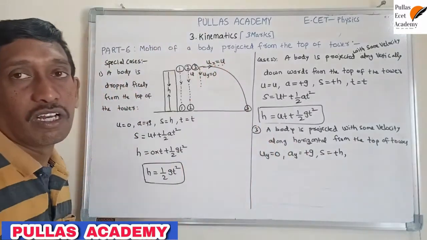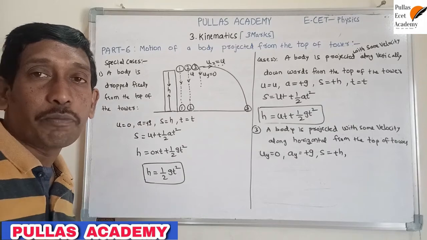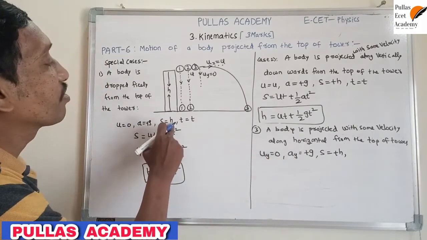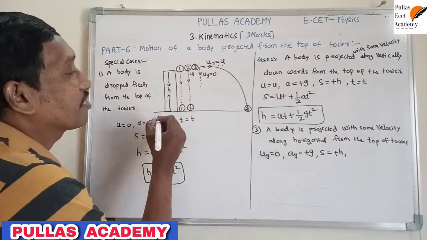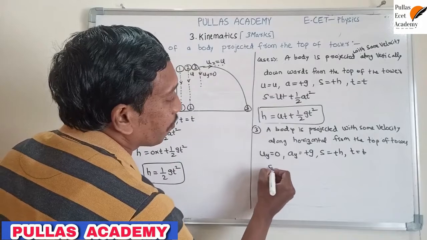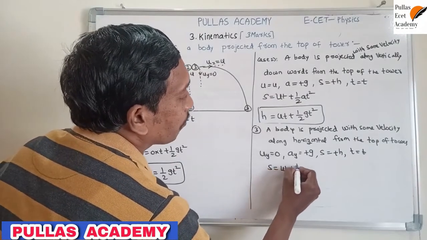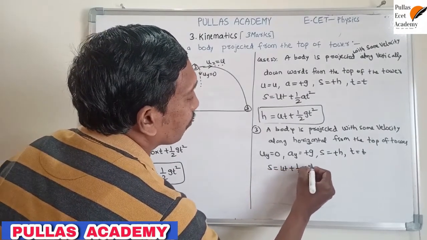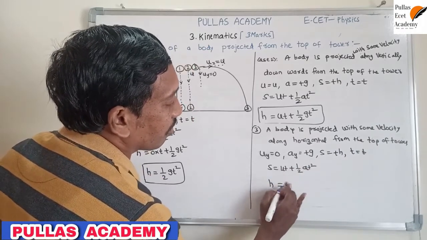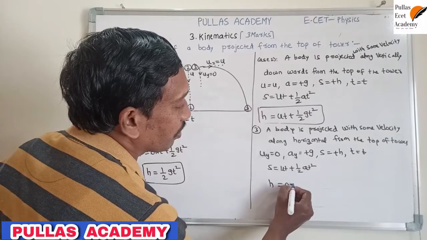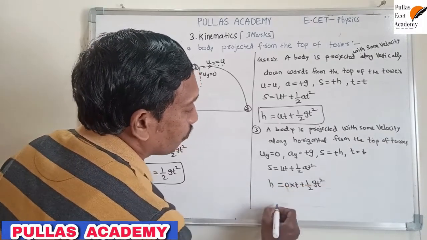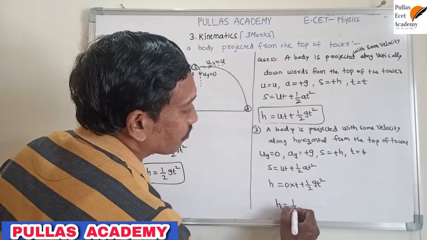When projected vertically upwards it takes minus h, but in all other cases we consider s is equal to plus h. If this time is t, substituting in the same formula, s is equal to ut plus half at square, s is h, u is 0, a is g, so finally h is equal to half g t square.